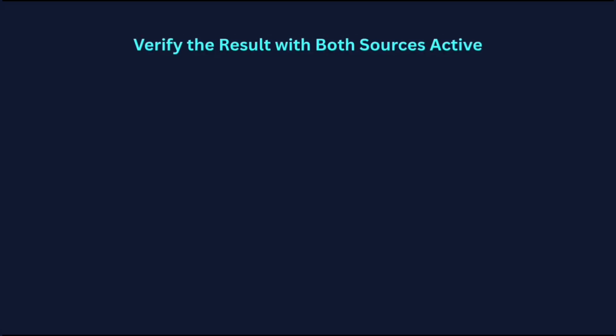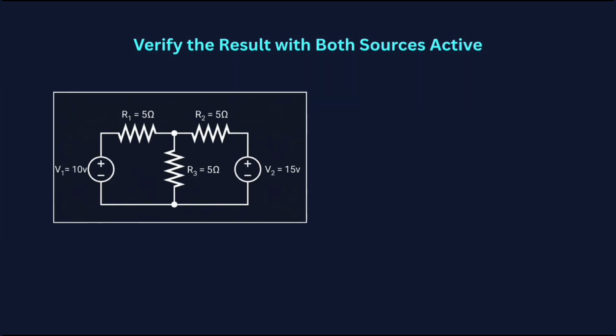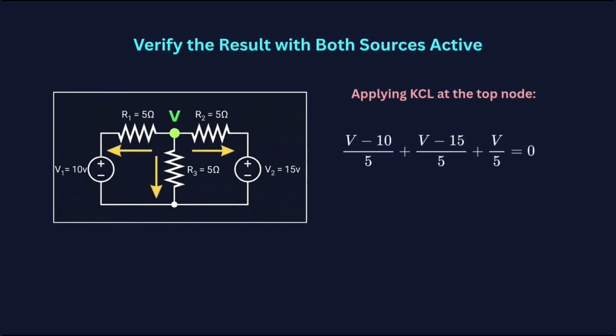Let's verify it. Now forget superposition for a moment and solve the original circuit directly with both sources active. Let the top node voltage be V. Applying KCL, (V minus 10)/5 plus (V minus 15)/5 plus V/5 equal to 0.